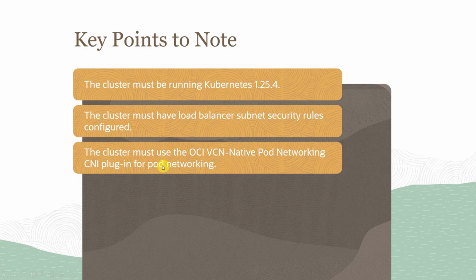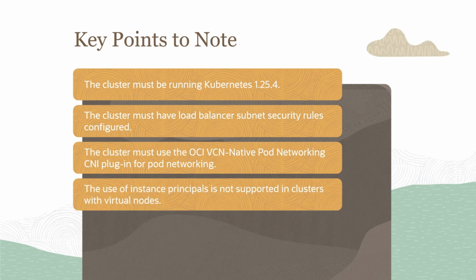And if the cluster uses the Flannel CNI plugin, the OCI native ingress controller will add the worker nodes as backends. And one more thing to note is that the OCI native ingress controller only supports backend services of type node port as specified in the services manifest.